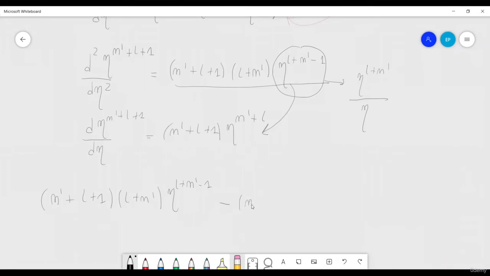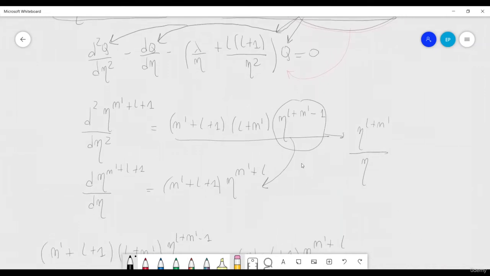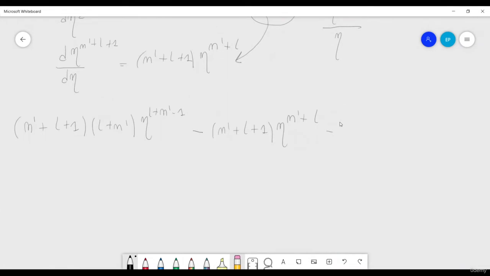So minus n prime plus L plus 1 eta to the power n prime plus L. And then I will have minus, from here, minus lambda over eta times q. So I have minus lambda, and then I can rewrite it like this, eta to the power n prime plus L, and then I have plus 1 minus 1. Okay, so I will cancel these two terms here.